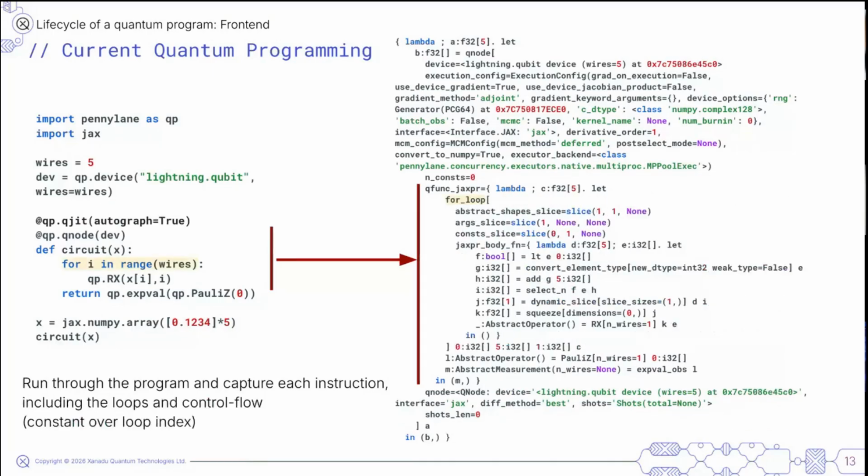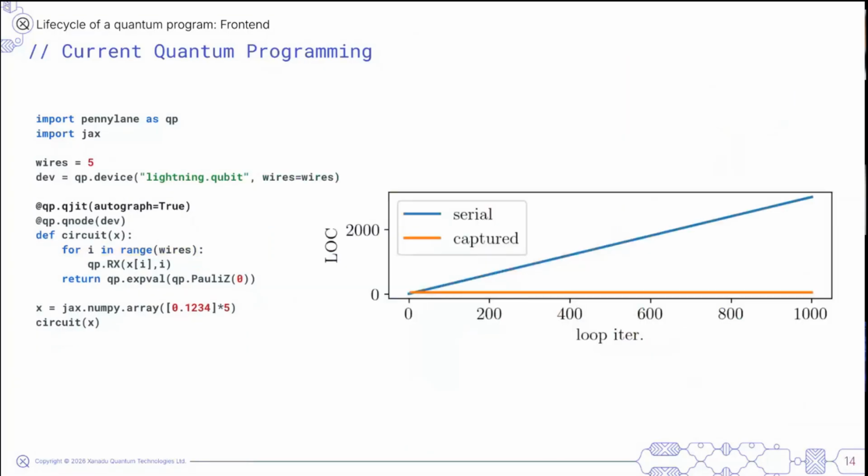But what we actually want is to be able to capture that for loop itself. So making sure that we can capture the for loop, the branches, all of the structure of the program itself, helps us keep the overall program size bounded. And a bounded program size is necessary for us to actually do optimized compilation passes on it in the long run.